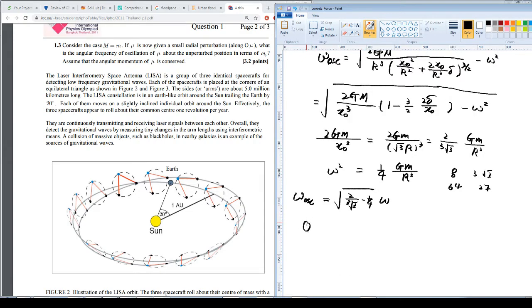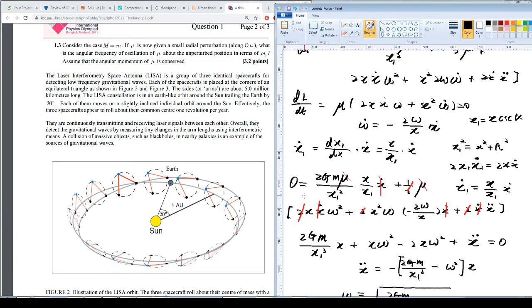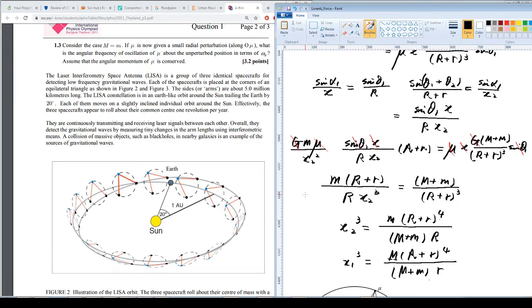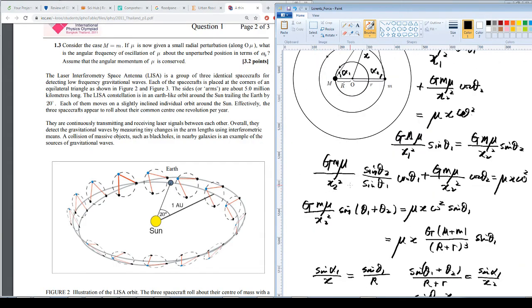Okay, so let's look at the second way. The second way, we go back to the dynamics equation. We look at the radial direction force balance, this one.